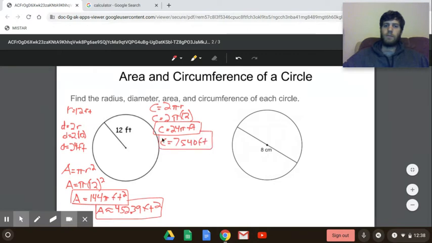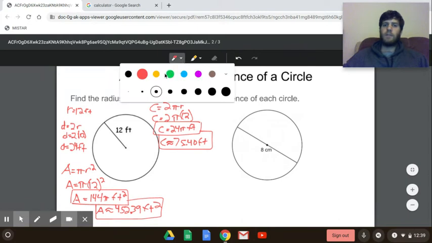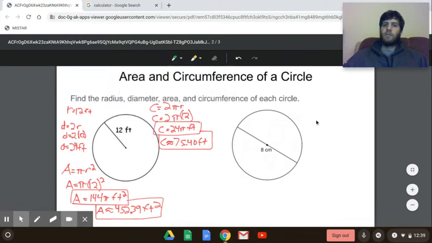So either one of the, and again, it should have been approximately, right? Approximately 75.40 feet. Right? So that's if they give you a radius, but they might not give you a radius, they might give you a diameter. So in the second problem here, they're giving us a diameter. So we know the diameter is equal to 8 centimeters.